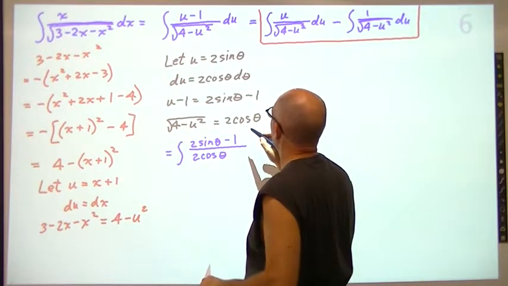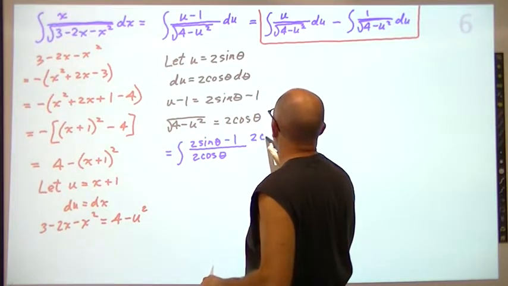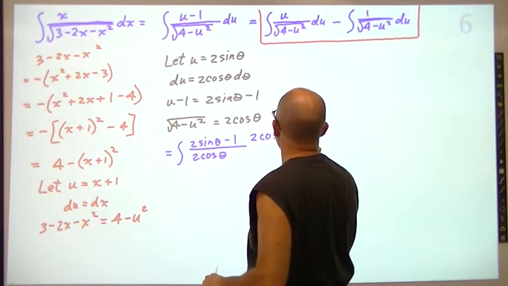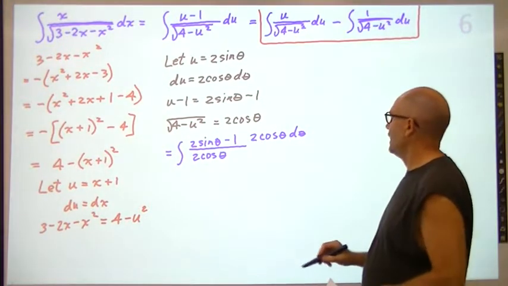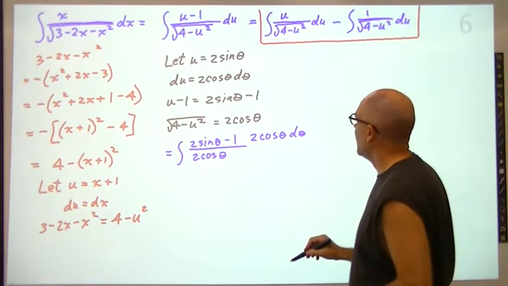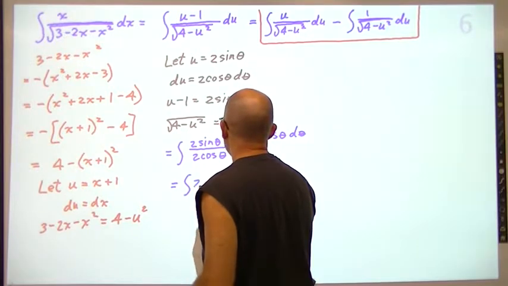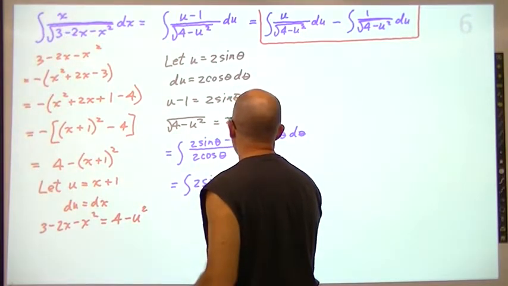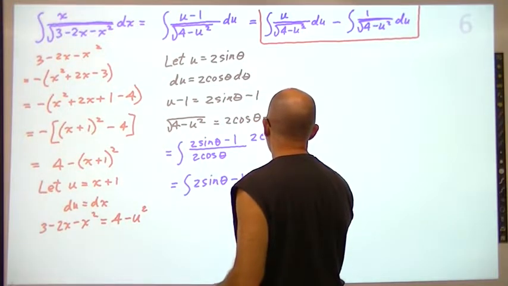And the du ends up being 2 cosine theta d theta. Now the reason this turned out so nicely is because our 2 cosine thetas cancel, and I'm just left with the integral of 2 sine theta minus 1 d theta.